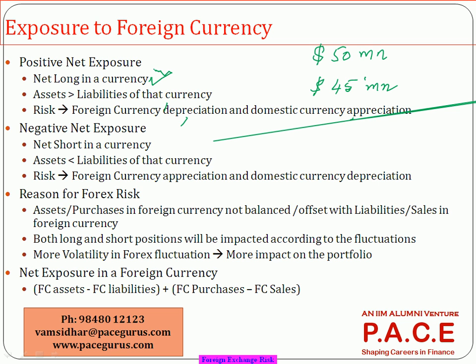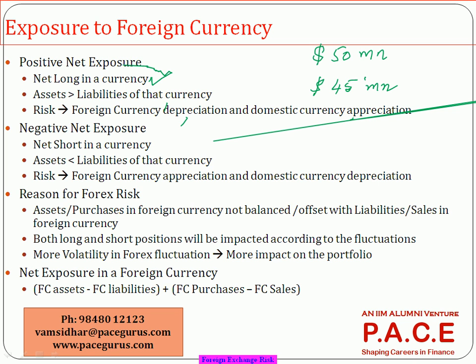The risk is the other side. But if I am net short on any currency, we have to do this exercise for each and every currency where we have either borrowings or lendings, right? Investments or borrowing. So here, in this case, if we are net short in a particular currency, obviously the domestic appreciation is good, foreign depreciation is good.